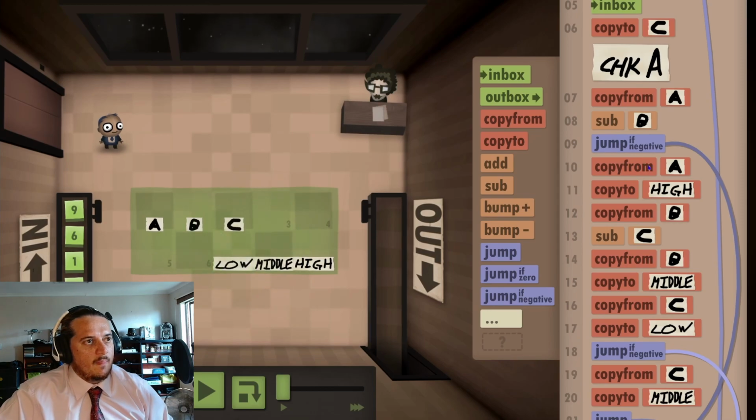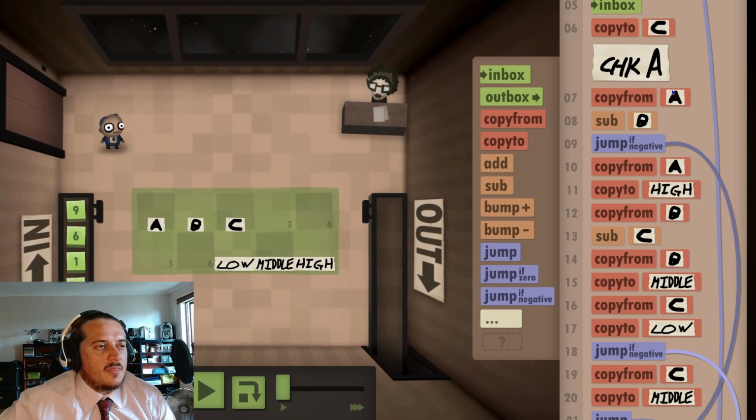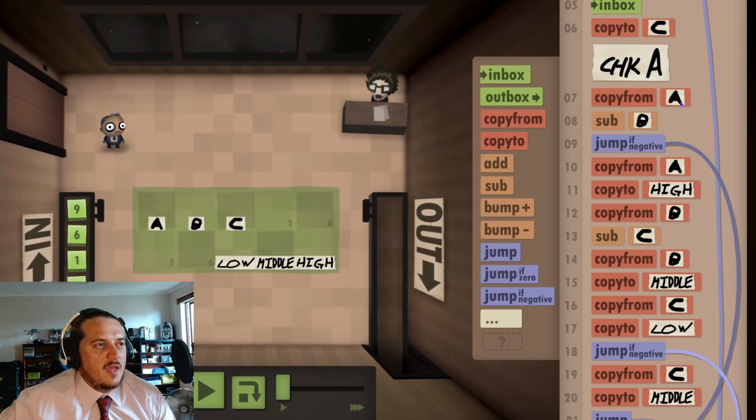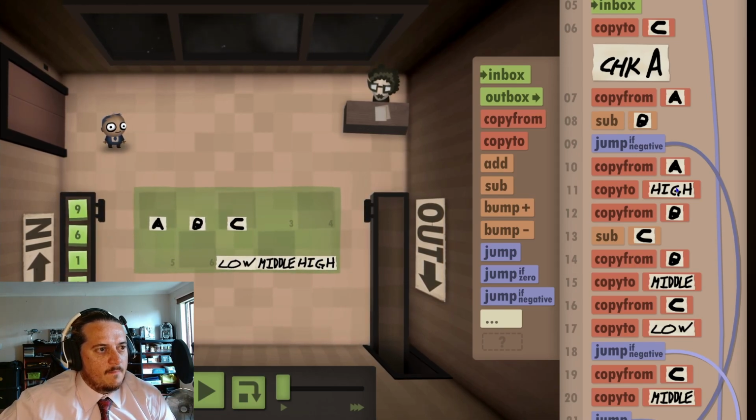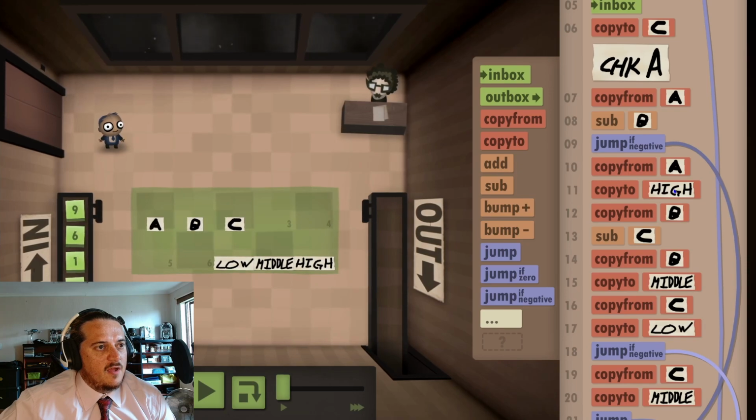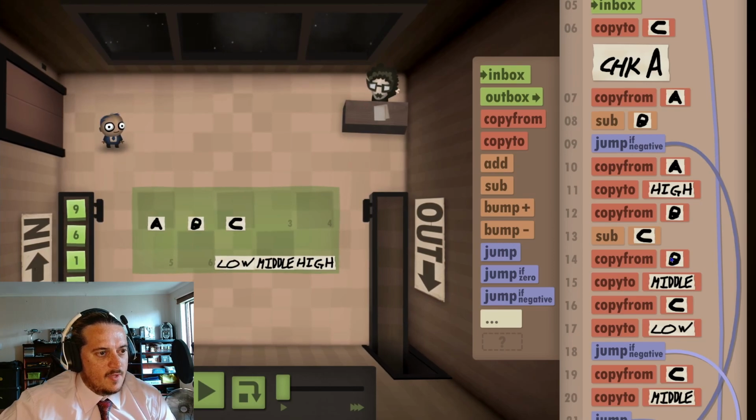Yes, so if I take A and I minus B and it's positive, then it means A is high. And then if I take B and minus C and it's positive, it means that B is higher than C. So then B must go to middle because A is high, and C must go to low.